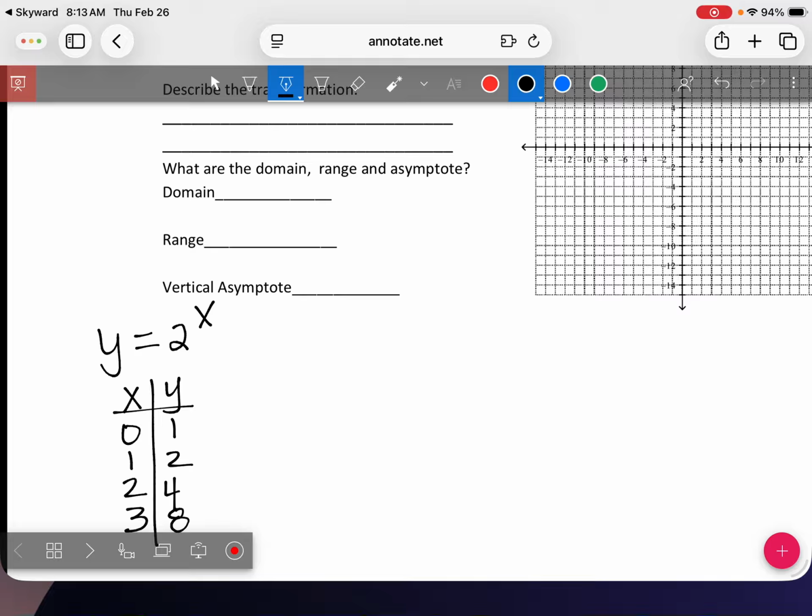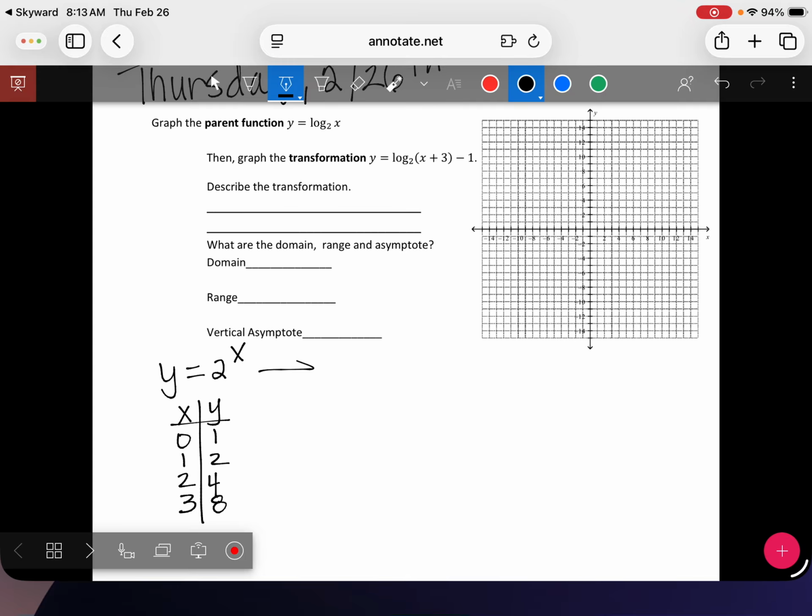Okay, who got these four numbers? All right, who remembers what we have to do with this table in order to get the parent, which is log base 2 of x? Flip it. Let's go ahead and do that.